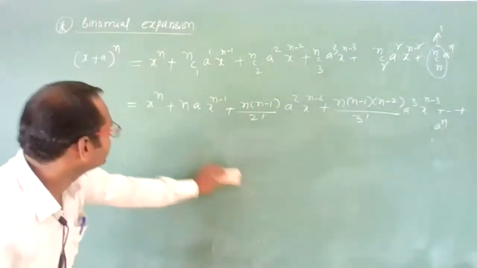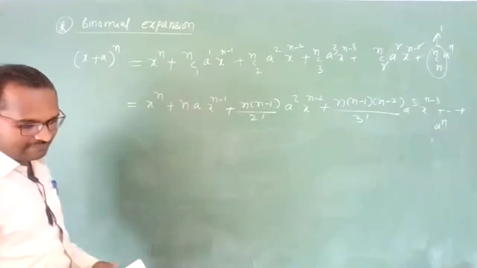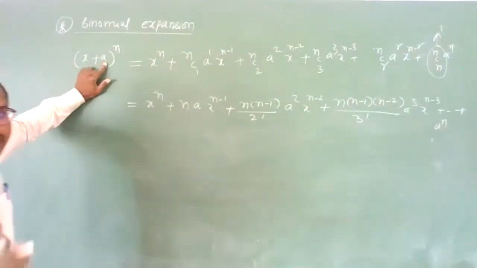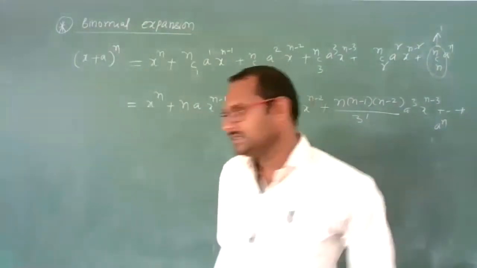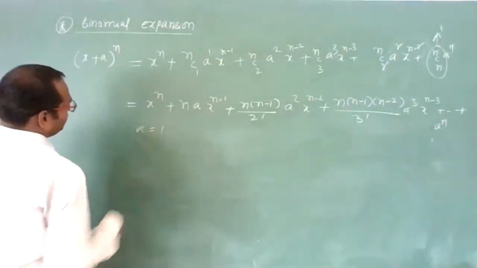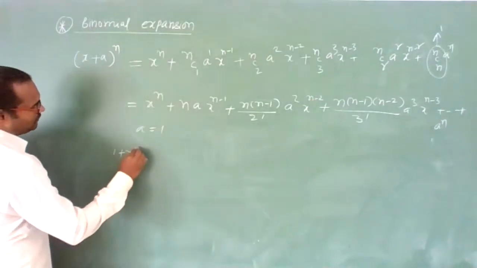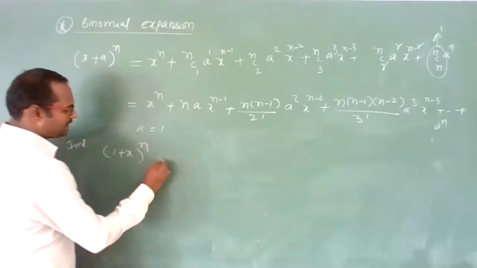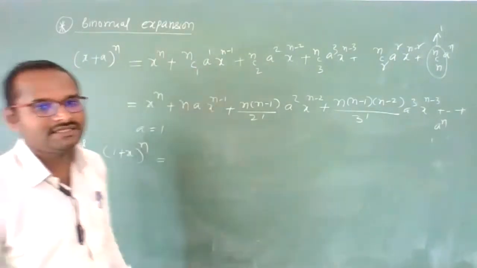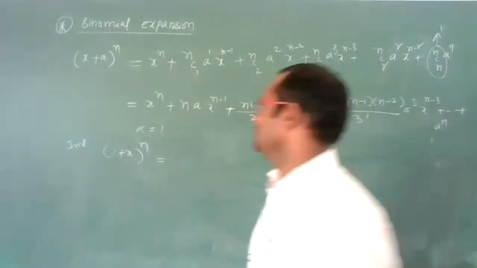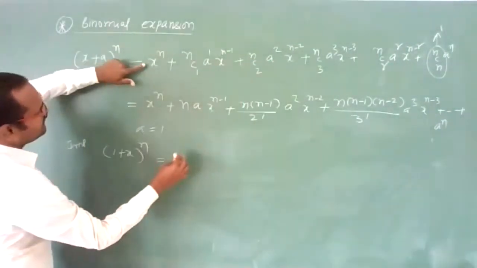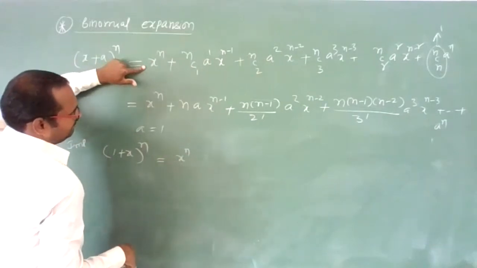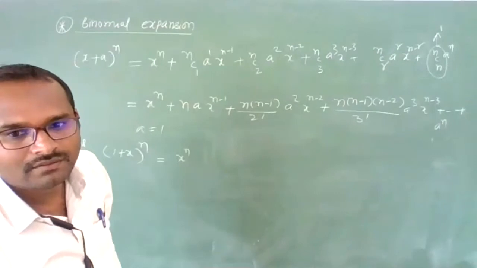Now see, students, if a value is equal to 1, then you will get 1 plus x whole power n. Correct? It is important, you need to remember. Where a is there, you keep 1. It can be written as x power n. Okay? Clear?